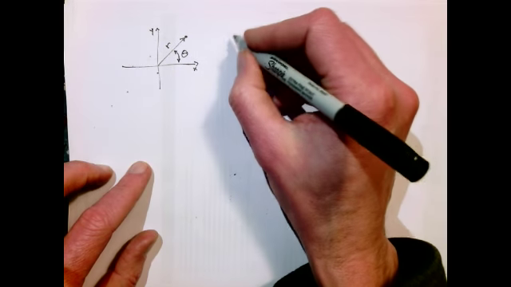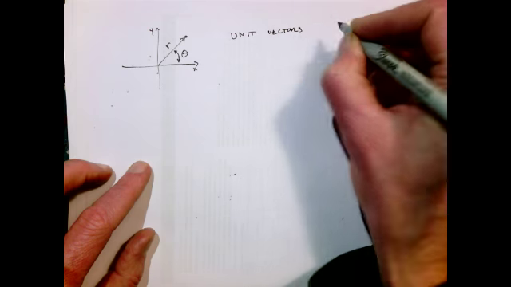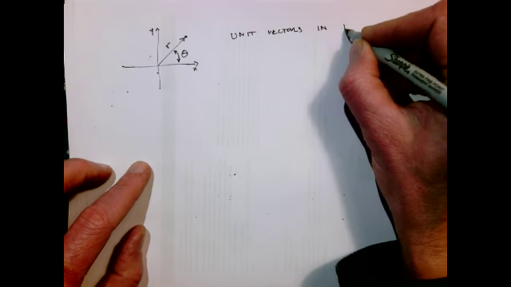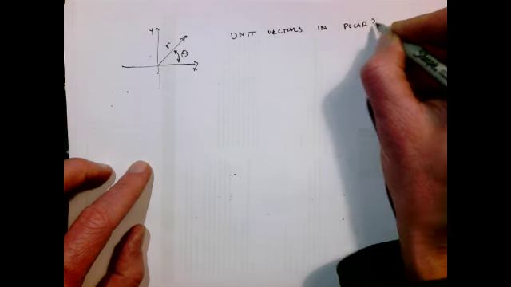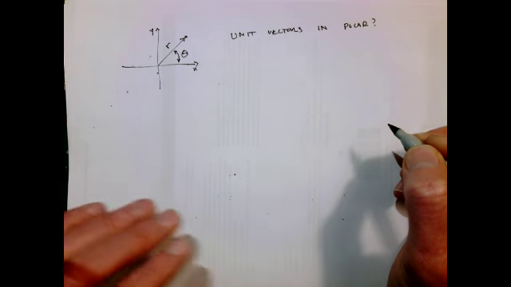So the question we asked was, what are the unit vectors in polar? Let me first remind you what they are in Cartesian, just to frame up what they are in polar.